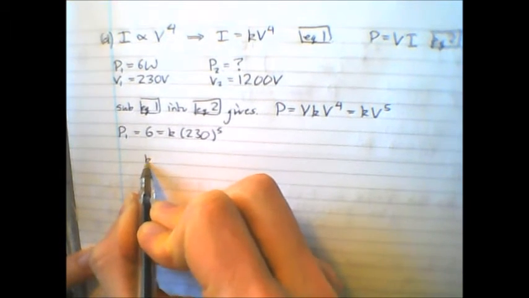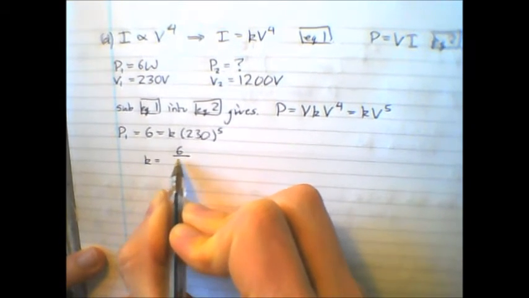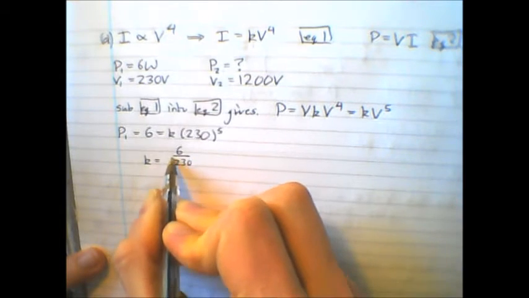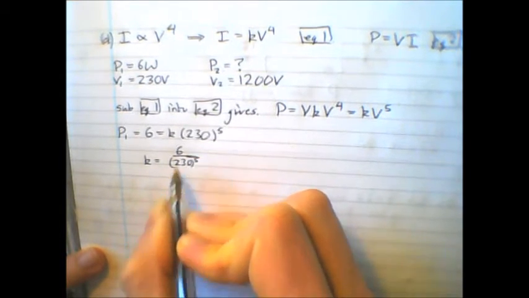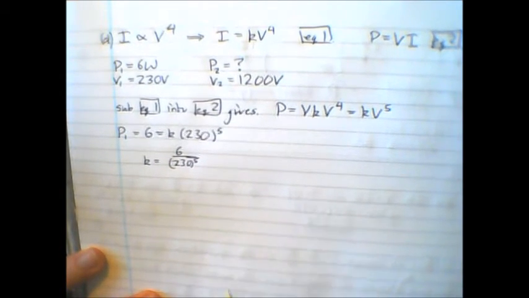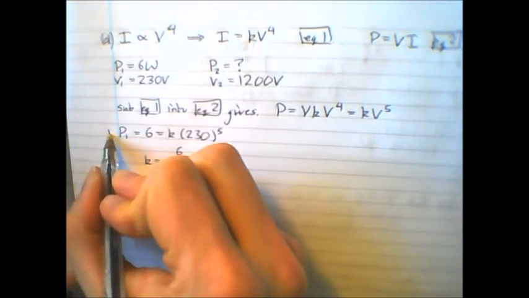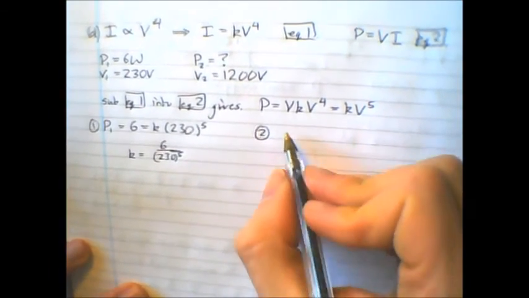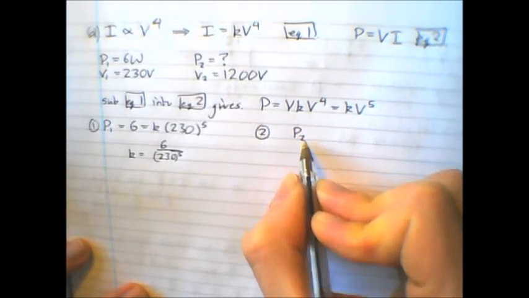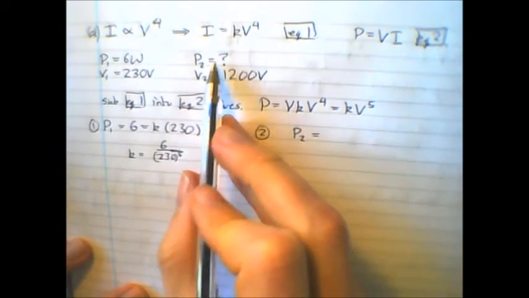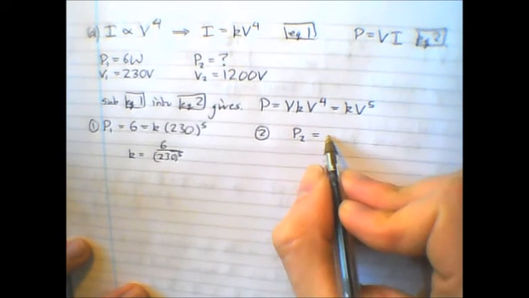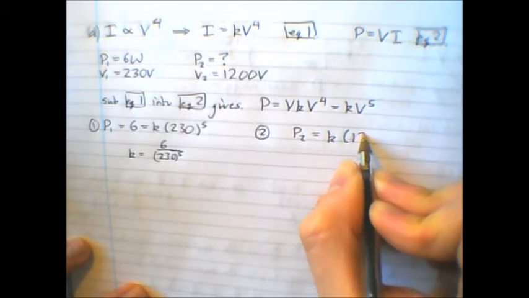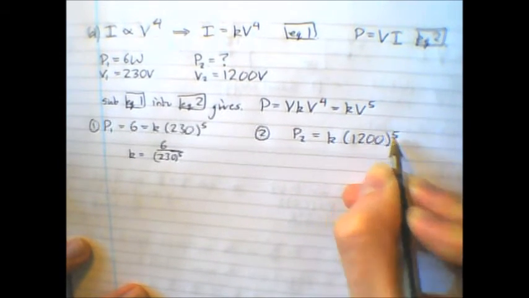So we'll say K is equal to 6 over 230 to the 5. And now we look at case 2. We'll say P2, which is our mystery, is equal to, using this equation, K times 1200 to the 5.